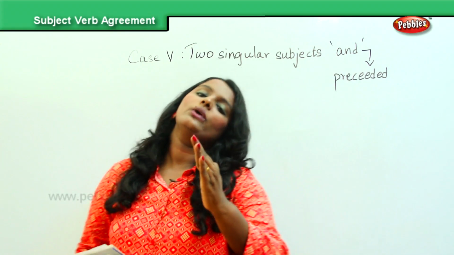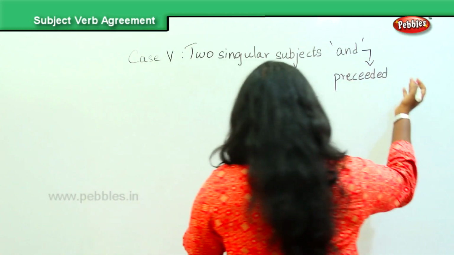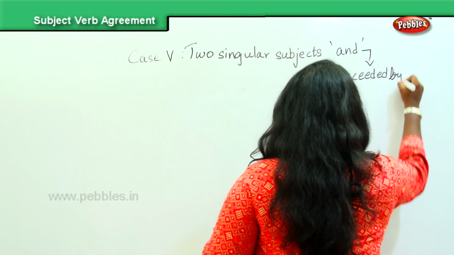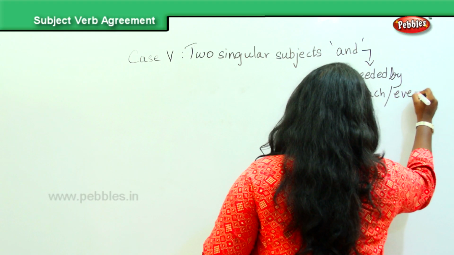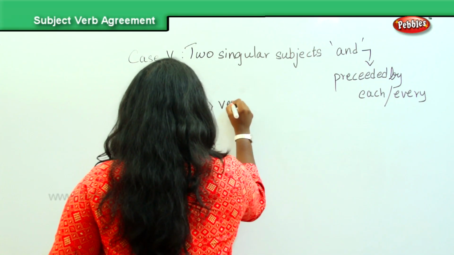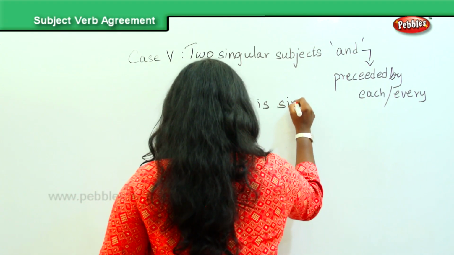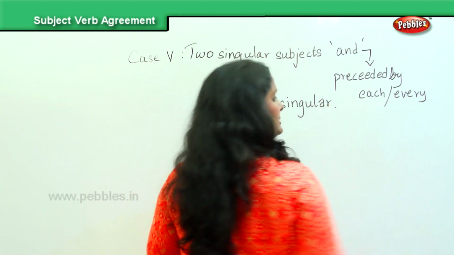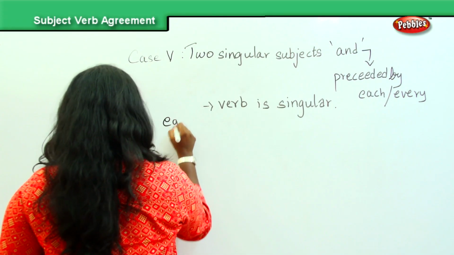Preceding is the word which comes before, okay? That which is preceded by each or every, right? So then the verb is singular. Let me give an example before I start explaining this in detail.